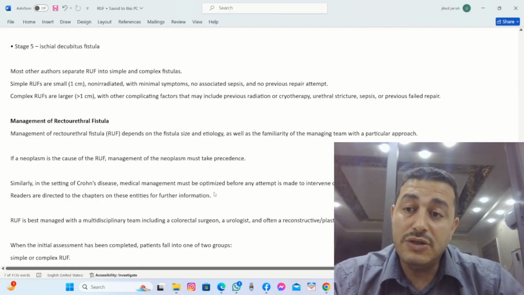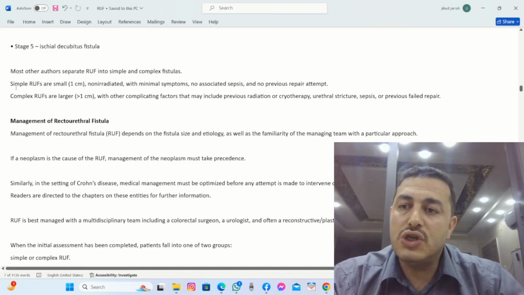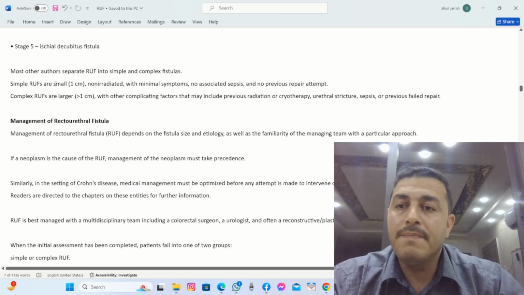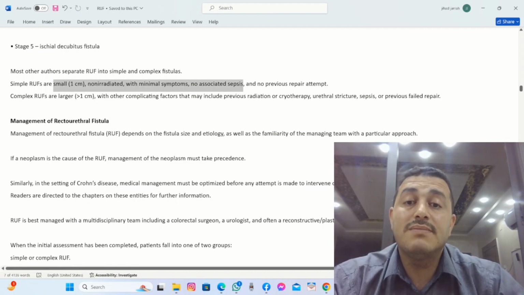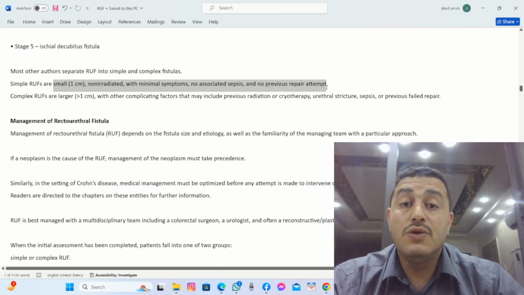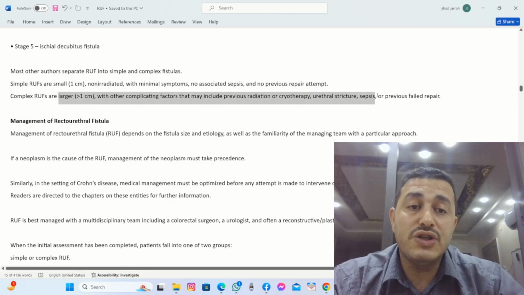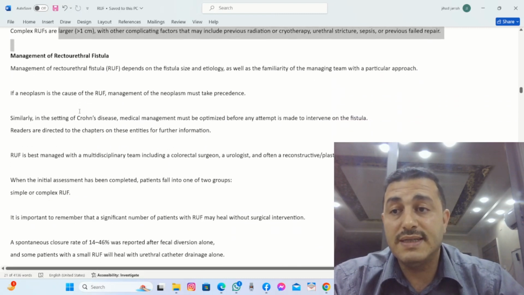But in this literature, they do not highlight the location when they classify the fistula as simple or complex. Again, simple is less than 1 centimeter, non-radiated, minimal symptoms, no sepsis, no previous repair. While complex is larger than 1 centimeter, and we are talking about the diameter, radiation, cryotherapy, stricture, sepsis, previous failed attempts.